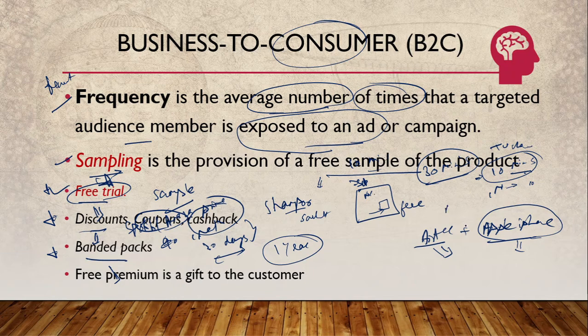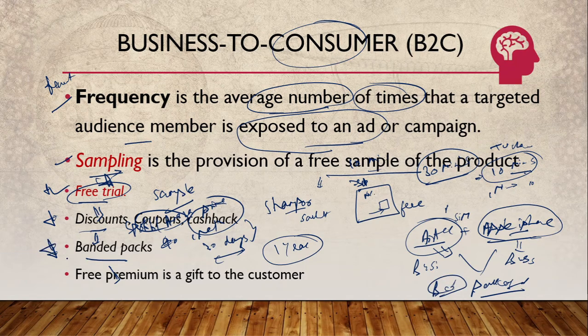So something of that sort where two different businesses are coming together and they are trying to sell a package product. Or let's say when an Apple iPhone is purchased, the Airtel SIM is free. Something of that sort where two products are being sold as a single bundle or a package. That is nothing but a bundled pack.